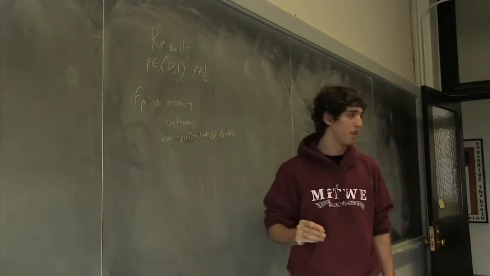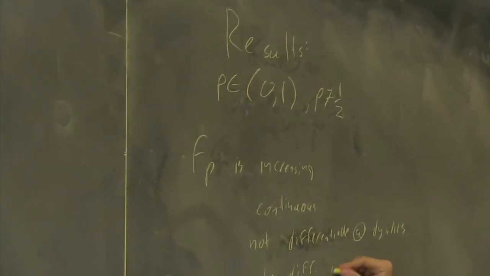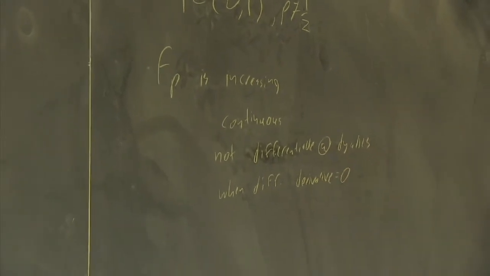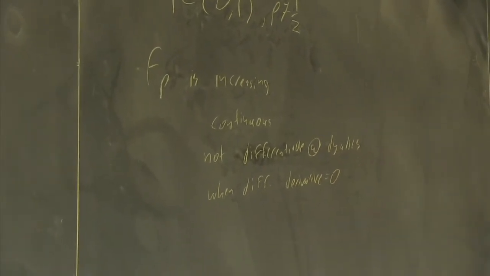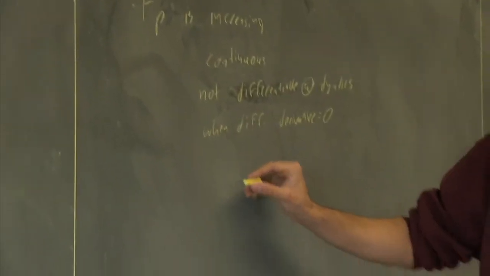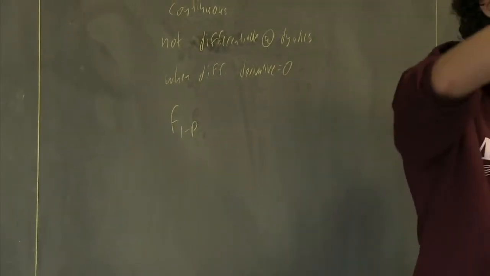If it is differentiable, the derivative is 0. We know that f of 1 minus p will be a rotation of f of p by 180 degrees.